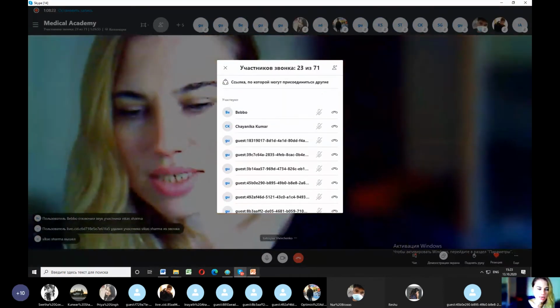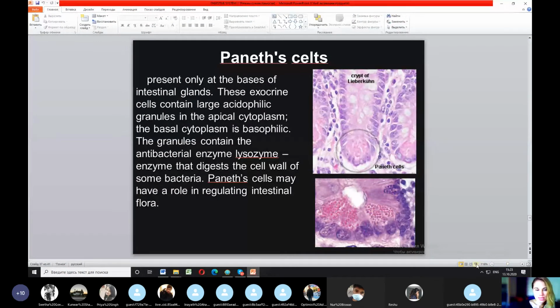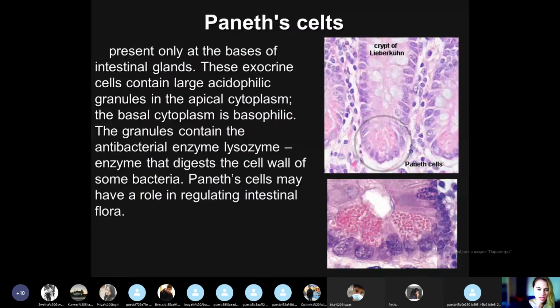So these cells have a bright acidophilic apical surface and a bright basophilic base. This polarity is a result of the secretory function of this cell.